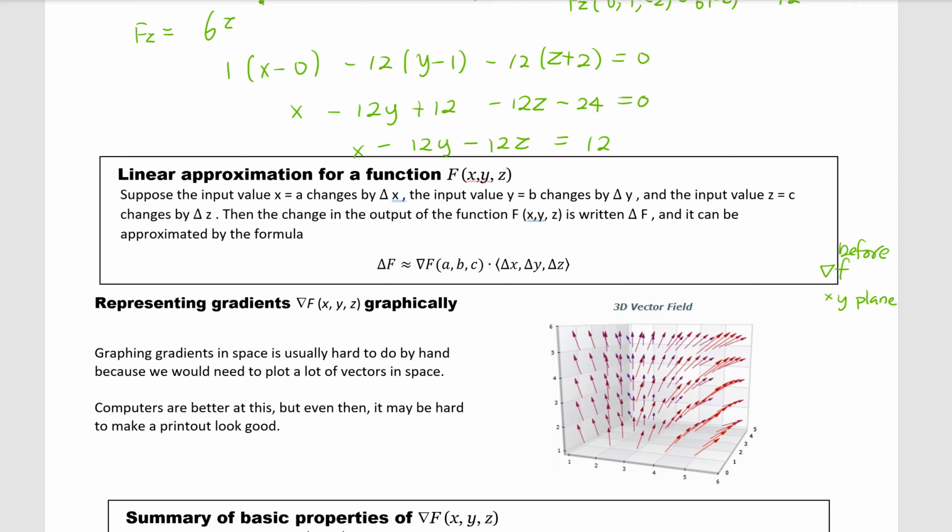Okay, so our gradient field is a 3-dimensional vector field. Graphing gradients in space is usually hard to do by hand because we would need to plot a lot of vectors in space. Sometimes it's hard to tell where it's located. So computers are better at this, but even then, it may be hard to make a printout look good.